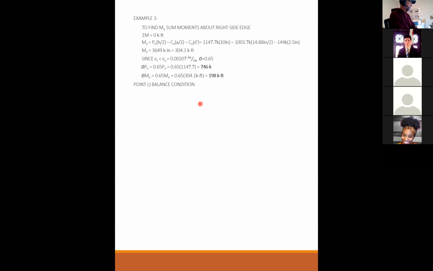And we are running short on time. Let's see how far we can get. Point C is the balance condition. Everybody remember the definition of the balance condition?